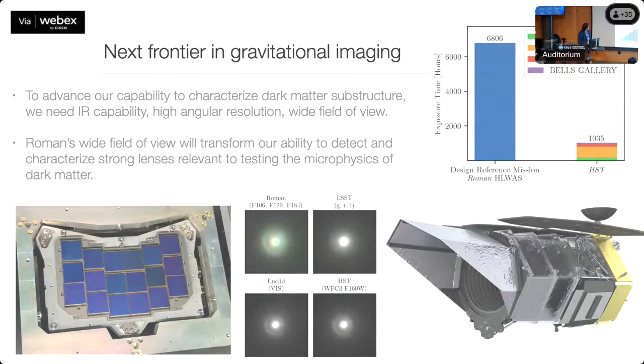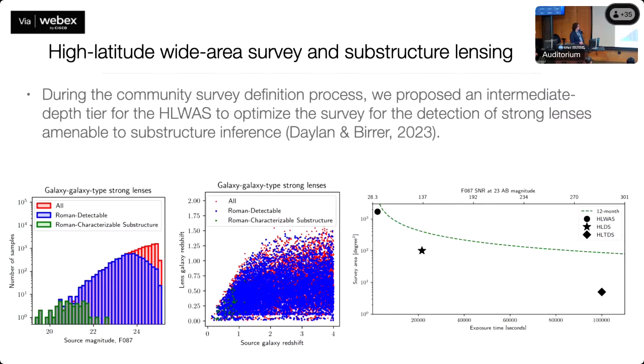So the white paper made a recommendation that we have a deep tier of the high latitude wide area survey, and the recent ROTAC process introduced this deep high latitude wide area survey, the 20 square arcsecond addition to it, which I guess falls just below our recommendation, but still is very useful.